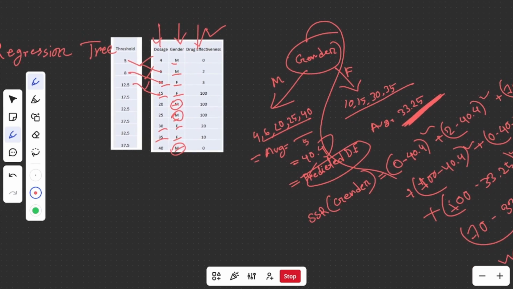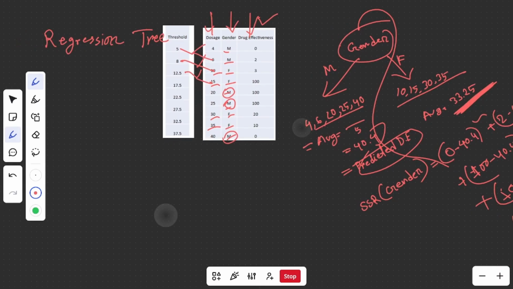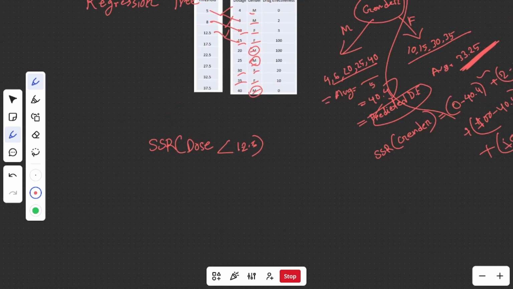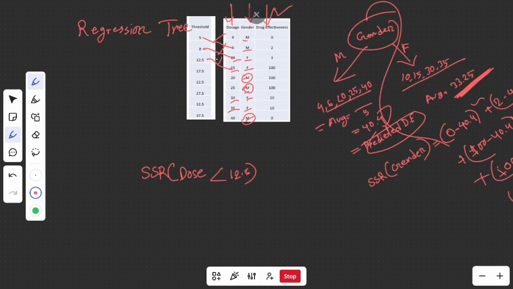So let's take a threshold like those less than 12.5. So 12.5, so this falls under this.